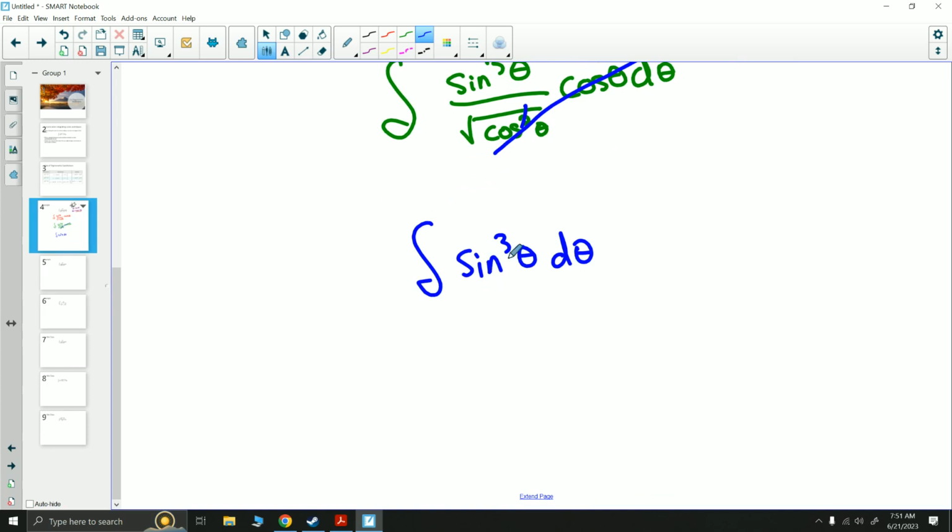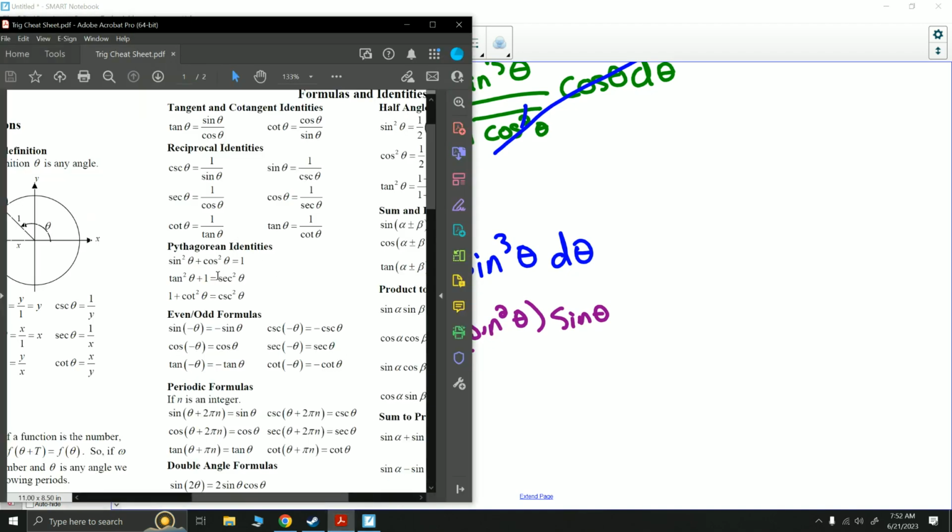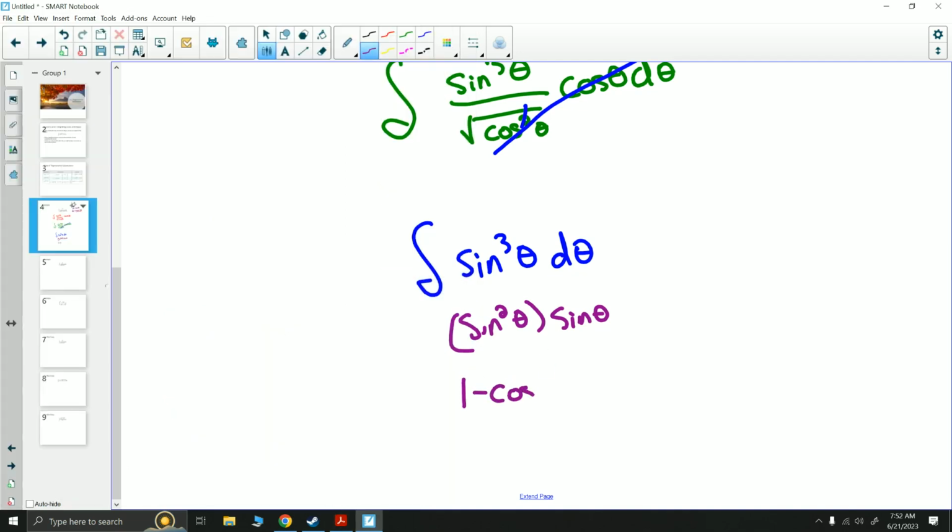So when we're integrating sine cubed theta d theta, we can now use some methods that we might have on hand. For example, sine cubed is like saying sine squared theta times sine theta. If I replace sine squared using the Pythagorean identity, sine squared is 1 minus cosine squared. So this would be 1 minus cosine squared theta times sine theta d theta.